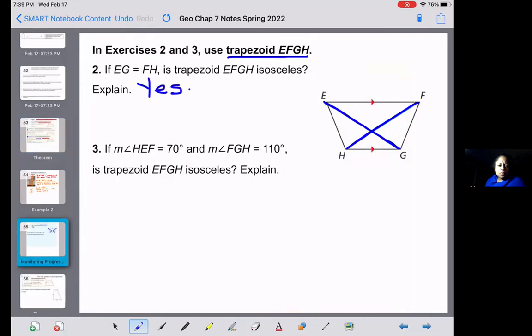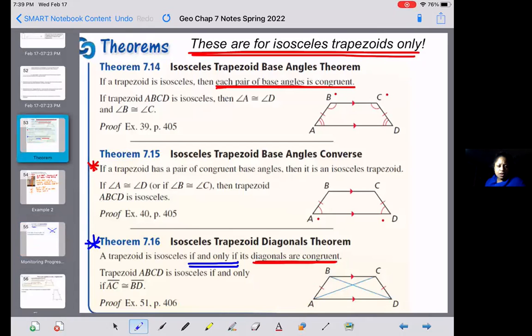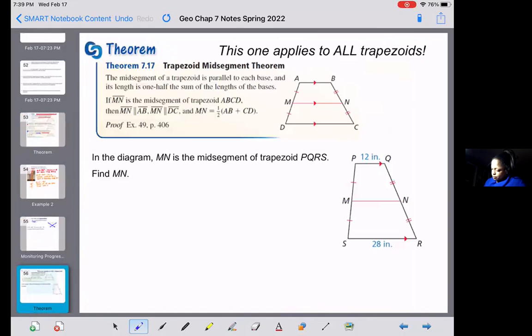And I'm actually just going to write the theorem exactly the way that it appears. A trapezoid is isosceles if and only if its diagonals are congruent.